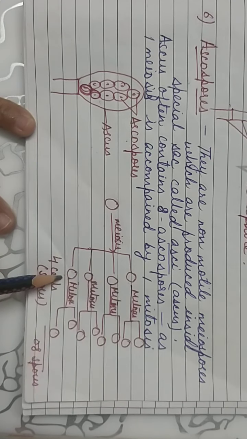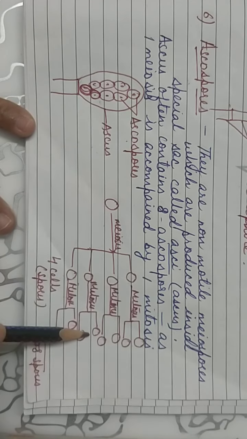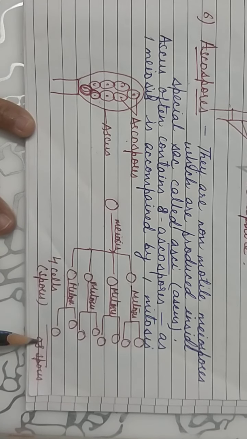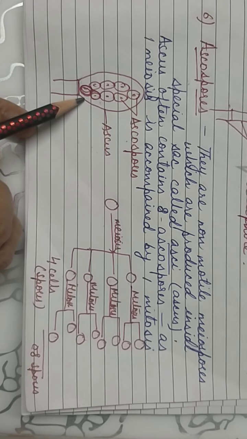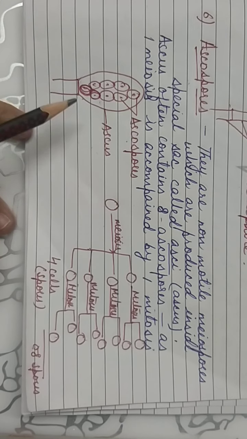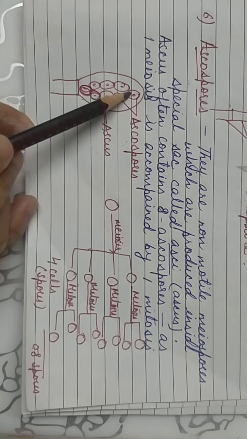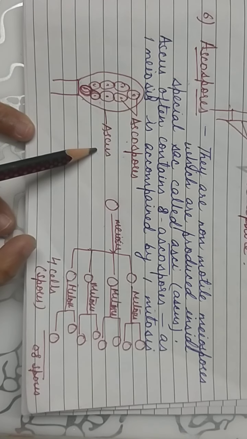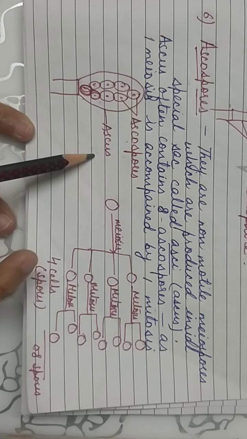Each of the 4 haploid spores undergoes mitosis once, and therefore it forms 2 more spores. So a total of 8 spores, and these 8 spores are haploid. So for the very first time you have seen that even spores can be haploid, and these spores are known as ascospores, and they are present in a special sac known as ascus.